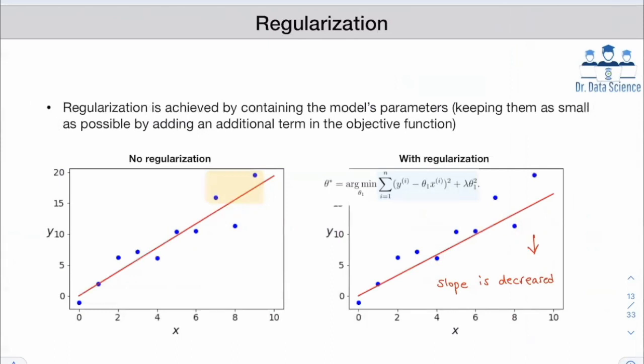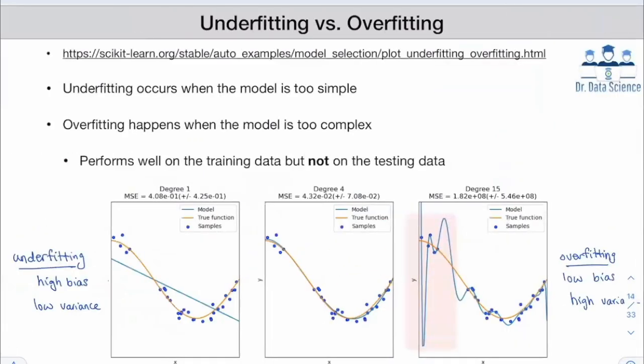So that's the main idea behind regularization that allows us to constrain the model parameters. And the main reason to do this is when we think that we have a problem known as overfitting. In the next slide, we are going to see what it means to have underfitting and overfitting.